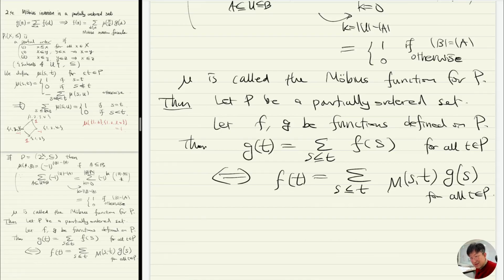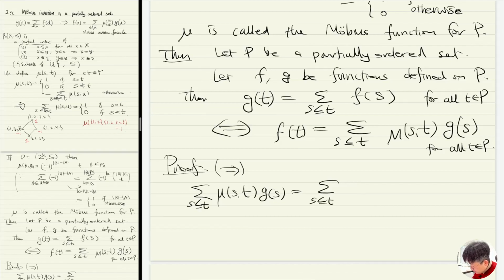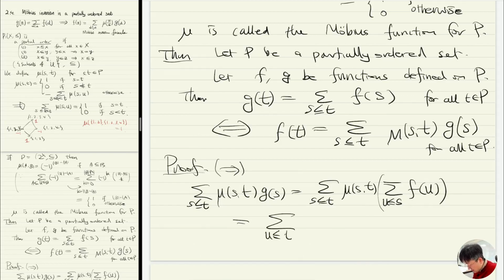The proof is quite easy. For the forward direction, let's look at this formula: the sum of mu of S T and G of S, where G of S is the sum over u less than or equal to S of F of u. Now we change the order of summation.